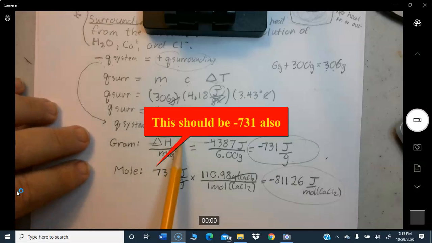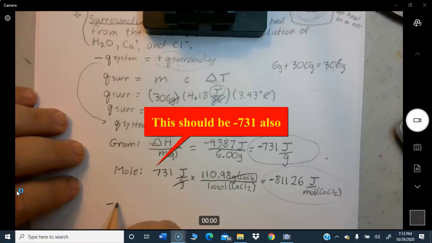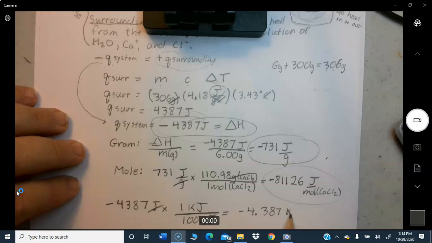Now let's go back to this number here. A lot of times it's expressed in kilojoules. So all you would do is take that number, and there is 1 kilojoule for every 1,000 joules. And that's going to equal negative 4.387 kilojoules.